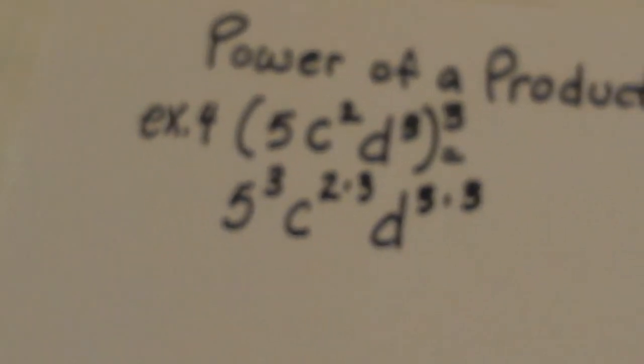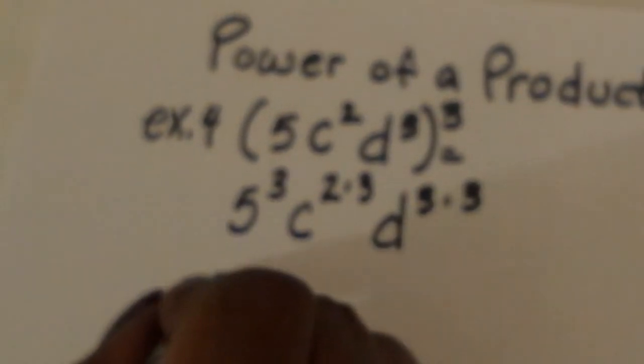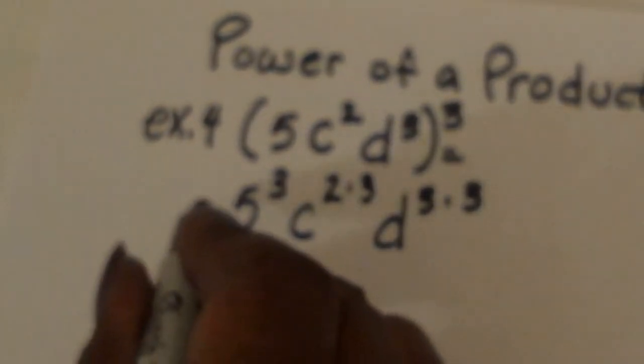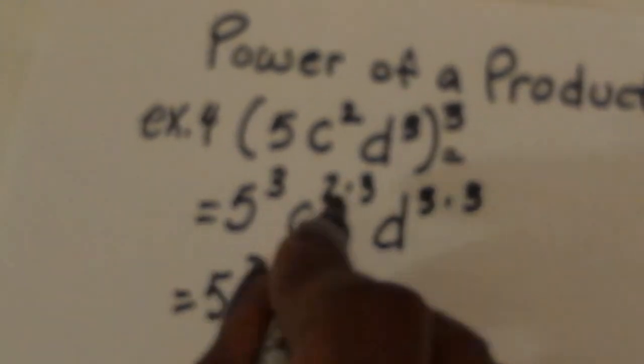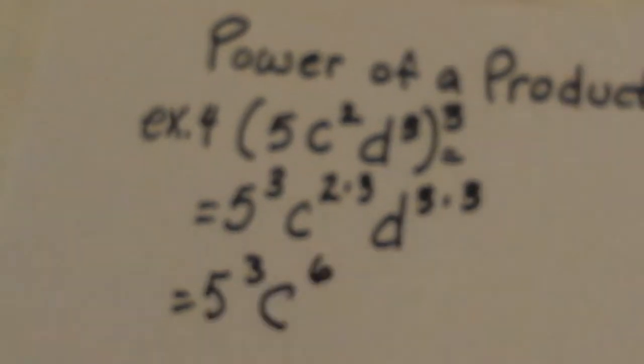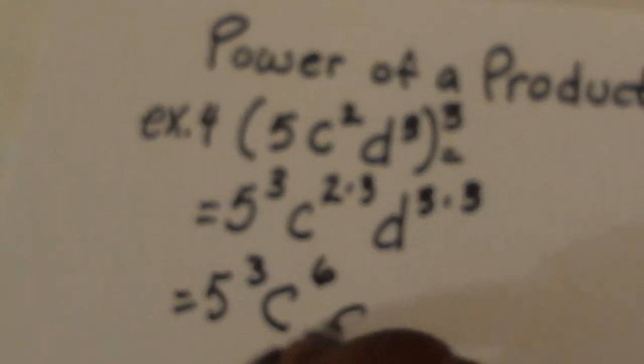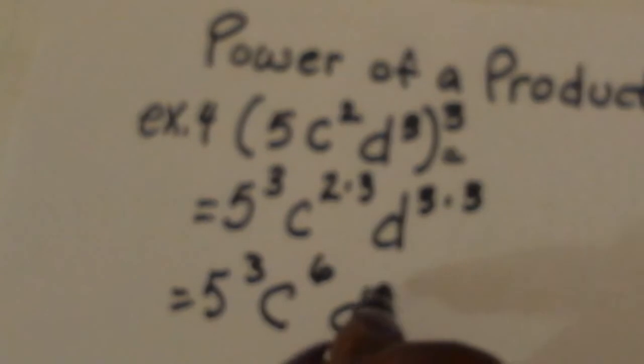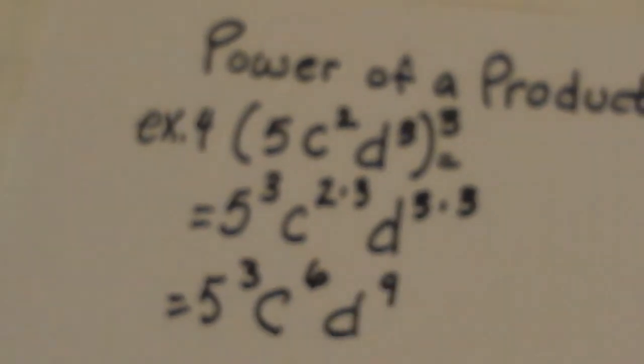It sounds complicated, but once you get used to it, it's very easy. So I'll get 5 to the third power. 2 times 3 is 6. So c to the 6th power. 3 times 3 is 9. So d to the 9th power.